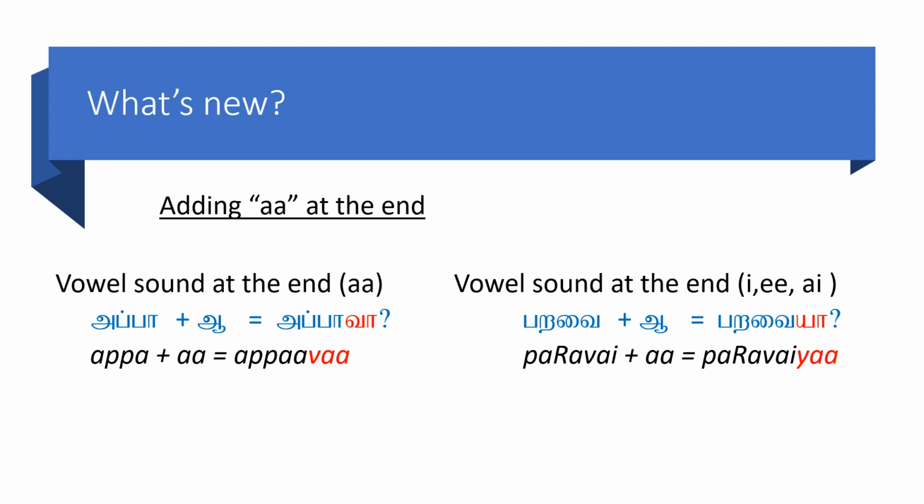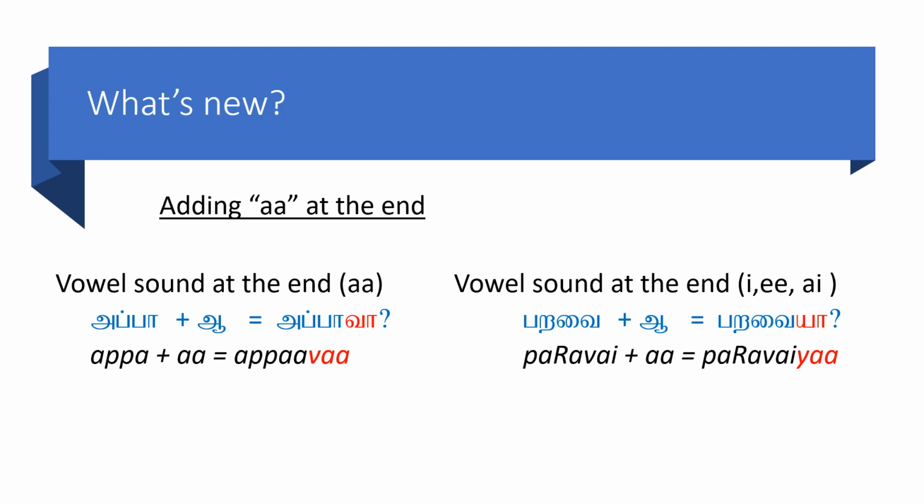If there is a vowel at the end, there are some variations. For example, if the ending vowel is "a", as in appa, we cannot add another "a". So it takes "va" at the end. So appa becomes appava.